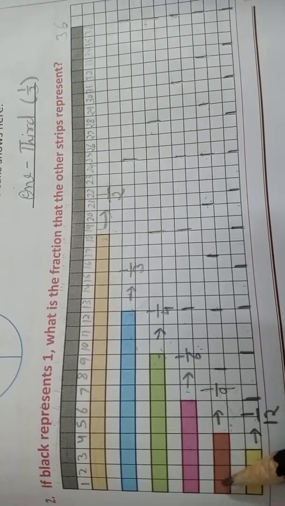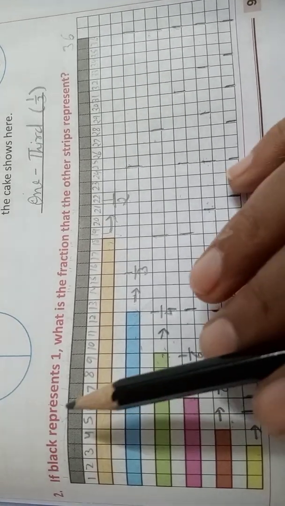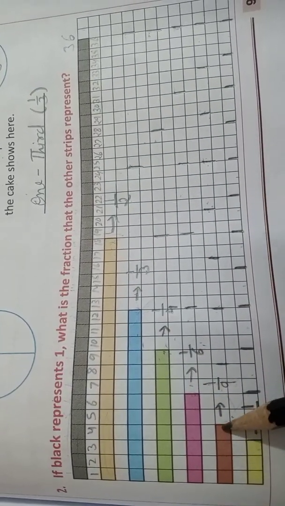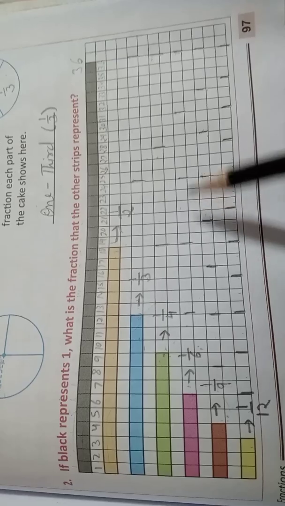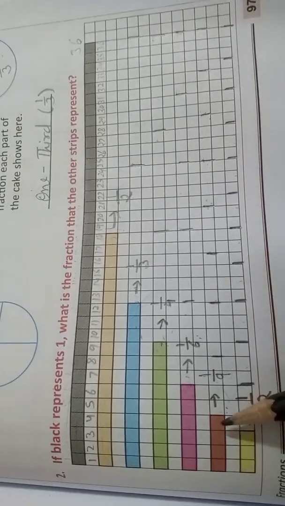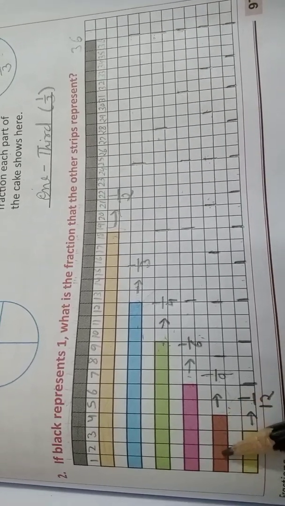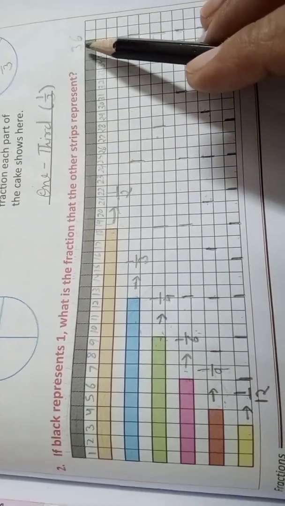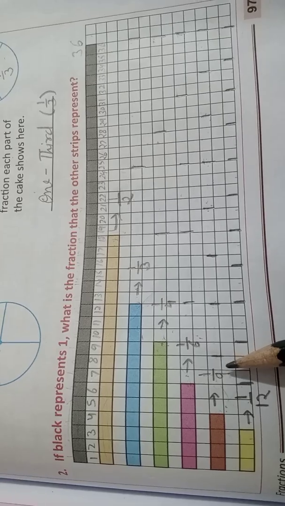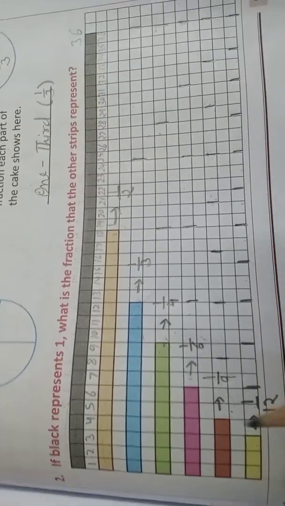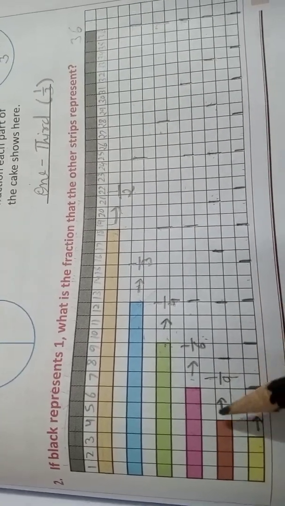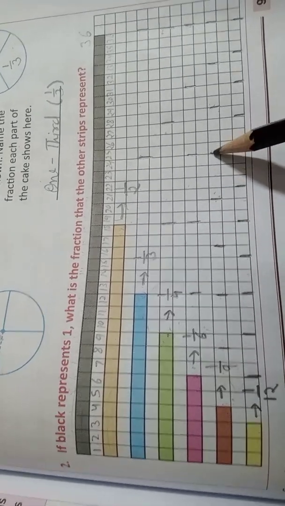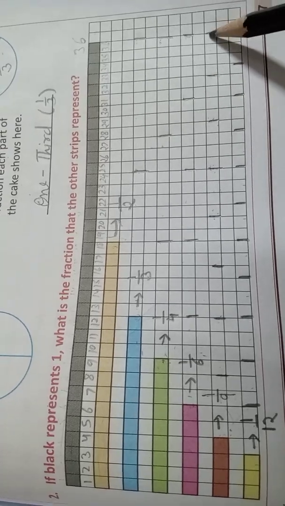Now let's see this red strip. So it is coming on till number 4. Yes, total 4 blocks, 1 2 3 4. And the whole is 36. So we have to divide 36 into 4 equal parts. So if you will divide 36 by 4, you will get 9. 4 9s are 36. Yes, so we can divide these 4 blocks 9 times. 1 time, 2 time, 3 time, 4 time, 5 time, 6 time, 7 time, 8 time, 9 time.